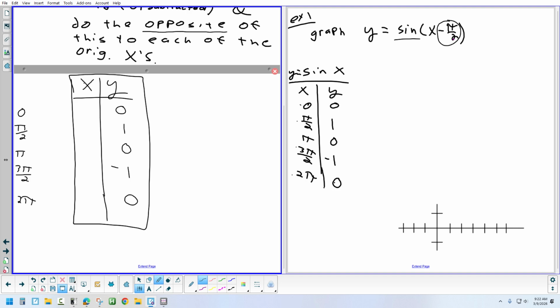These all need to be modified. Am I going to add or subtract to all of them? Yep, I'm going to add. And how much am I going to add to each one of them? Pi over 2. I'm doing the opposite of what I have in parentheses to each of the original x values.